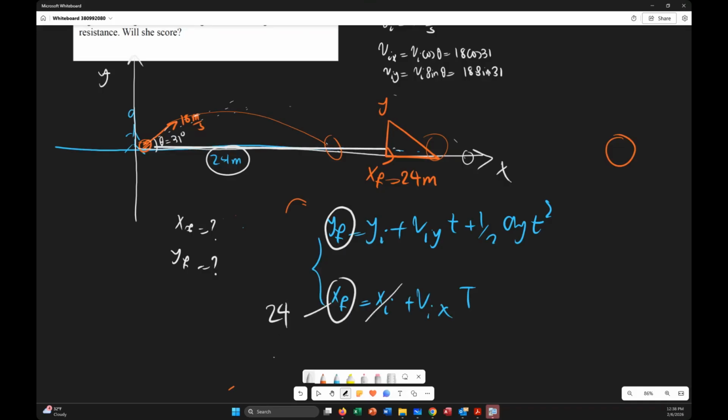What is the XI? 0. What is the VIX? 18 cosine 31. Good. So what is the time here? It's going to be 24 divided by 18 cosine 31. This helped me to find the time. When I find the time, I can plug into the first equation. I can find the Y value, the Y location. So what is this value?